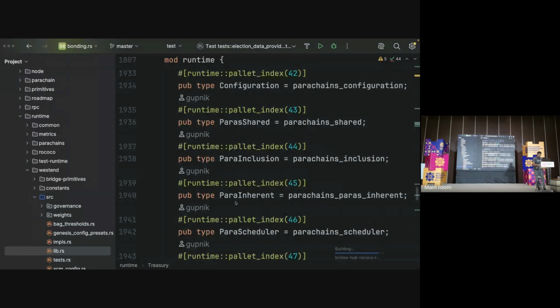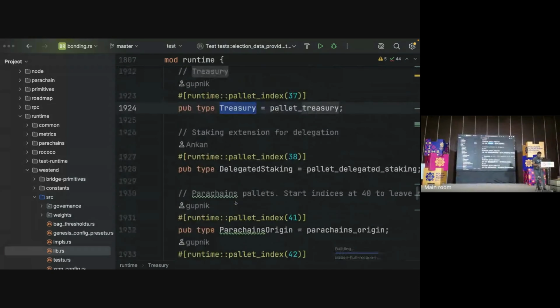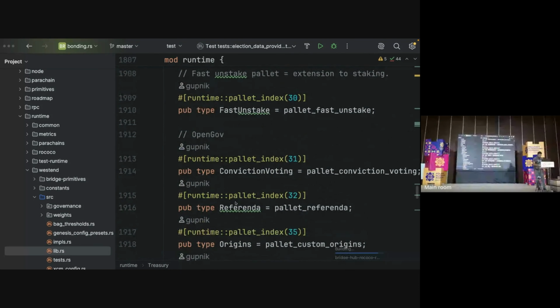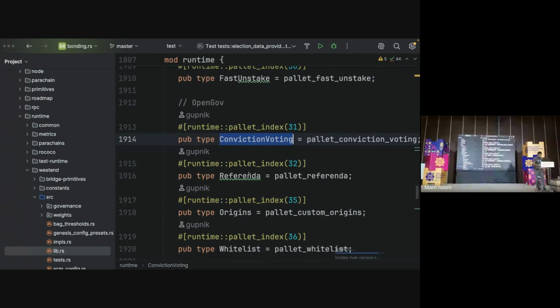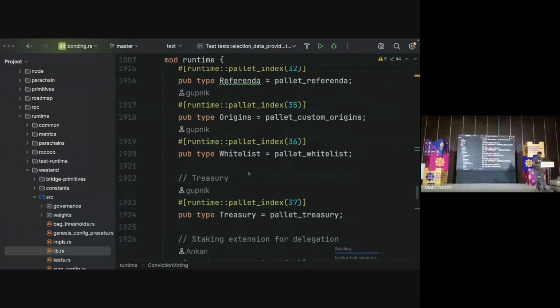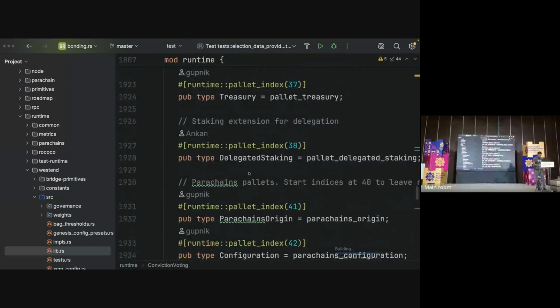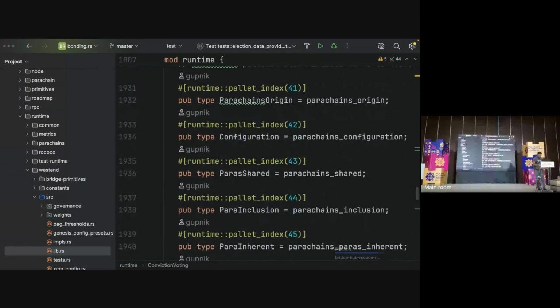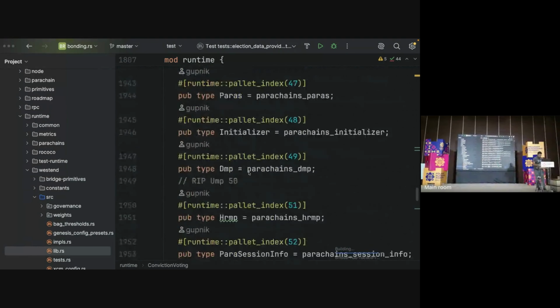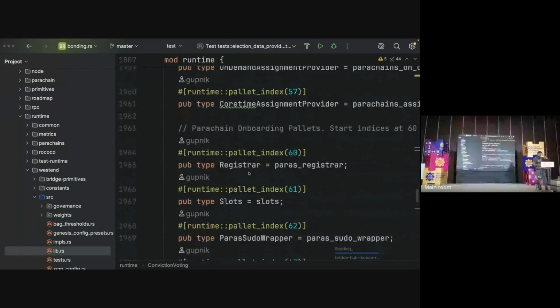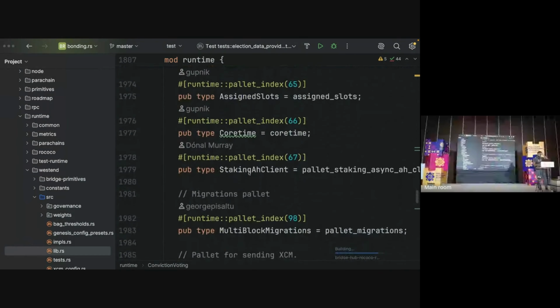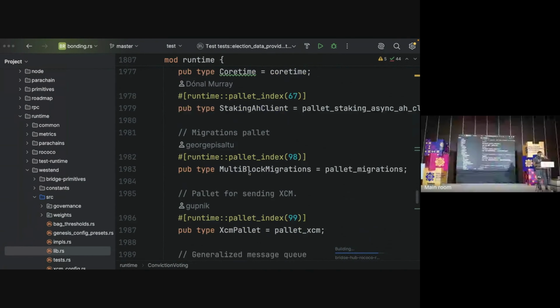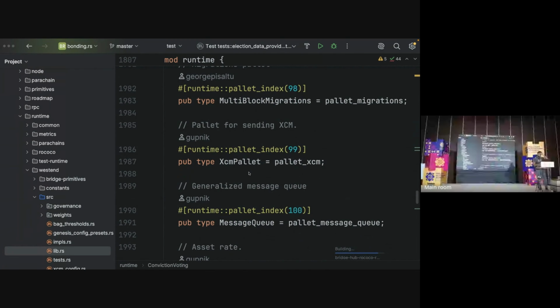These are the governance pallets that we have. There should also be conviction voting. Yeah, a bunch of pallets. I can't cover all of them. All of them are their own rabbit hole.